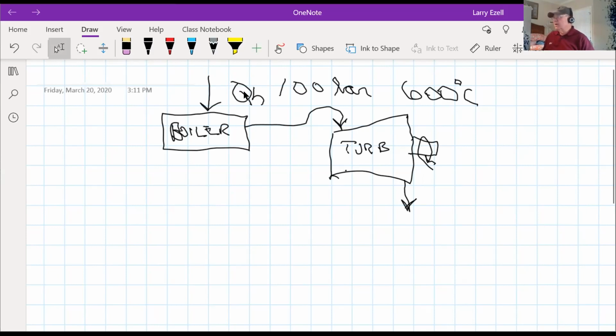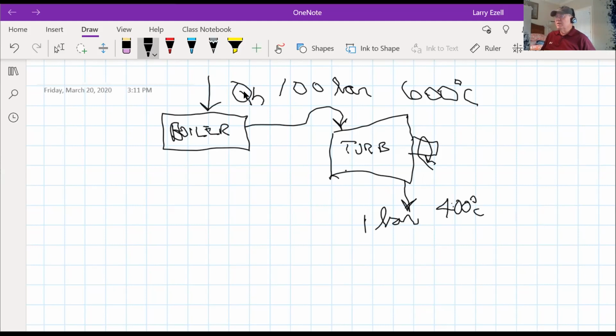Now when it comes out of the turbine, it's very low pressure, say 1 bar. I hope you read my script. 1 bar, and the temperature is probably down some, maybe, I don't know, 400 degrees C. All right. But let's say up here that we're putting in the QH.